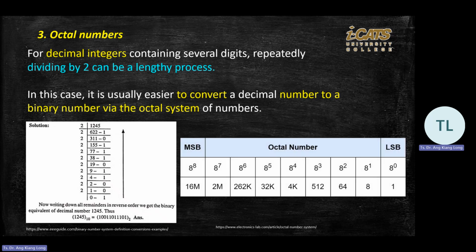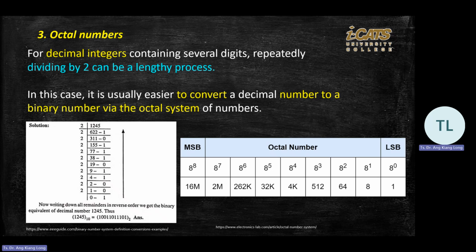So this is the octet number that I give you. Basically the same as base 2. The far right is 8 power 0, 8 power 1, 8 power 2, and so on. But we only do until 8 power 8 because the number is too big already.